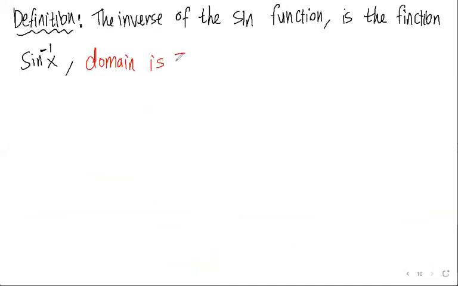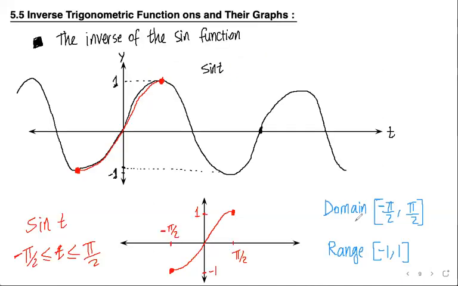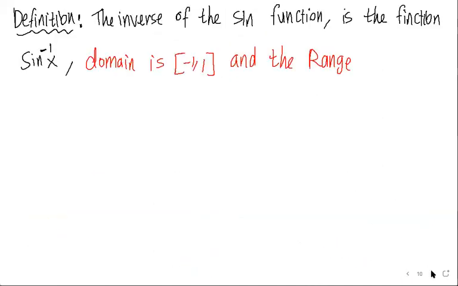So the domain is negative 1 to 1, and the range is the domain for the function, negative pi over 2 to pi over 2.